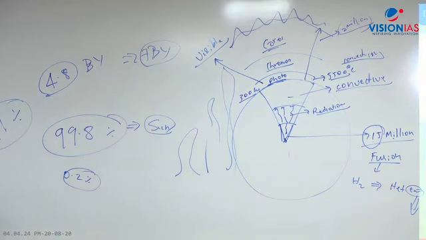It is the uppermost layer of the sun's atmosphere and is visible only during the total solar eclipse. It is hotter than the photosphere, with temperature reaching up to 2 million degrees Celsius.